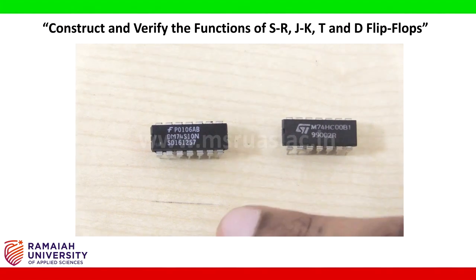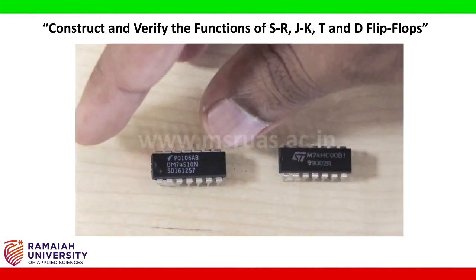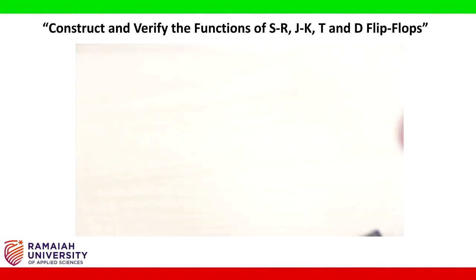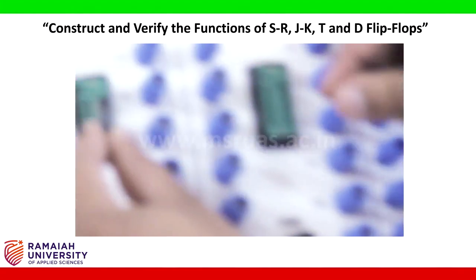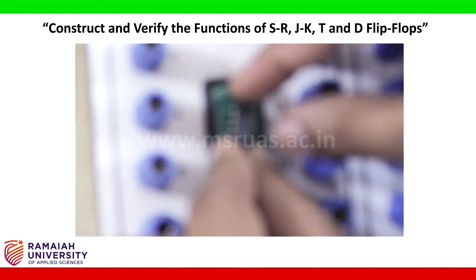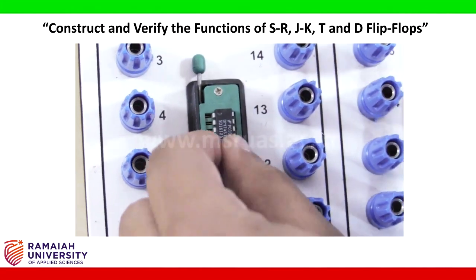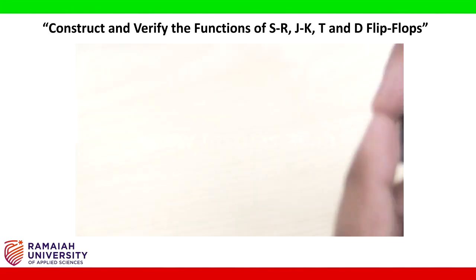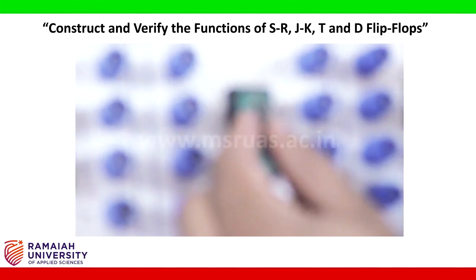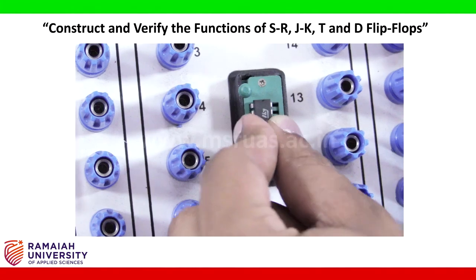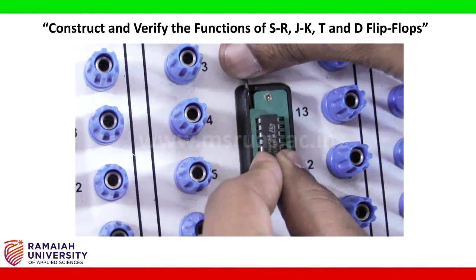Now let us place these two ICs into the IC bases. First I am taking the 3-input NAND gate 7410 and placing it into the first IC base, and close the lever, making sure it will not come out. Similarly, the second IC I am placing into the second IC base and closing the lever.